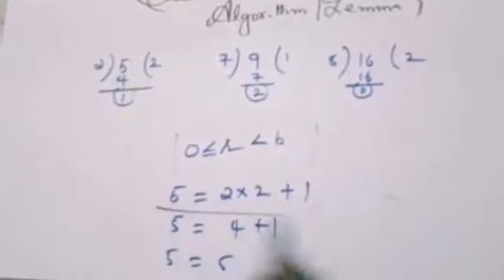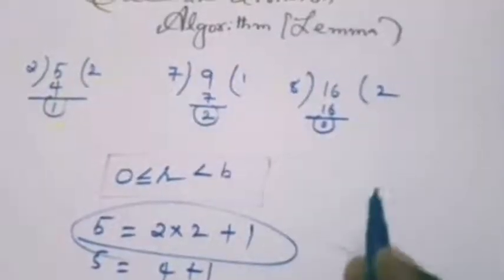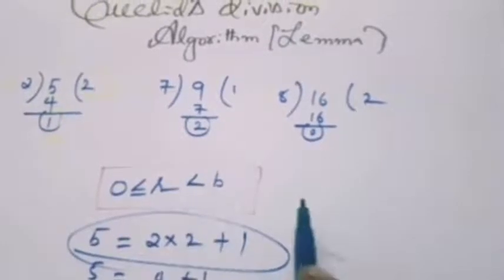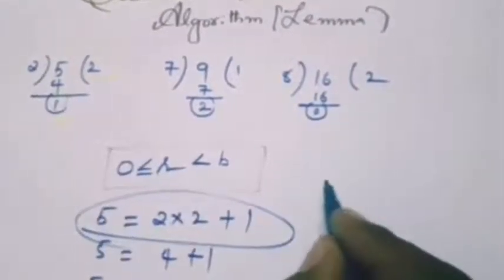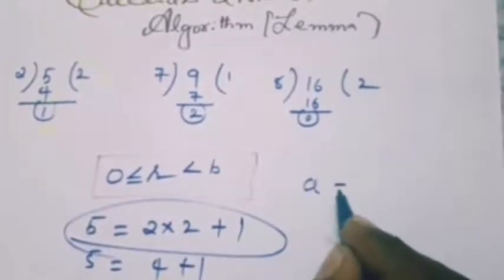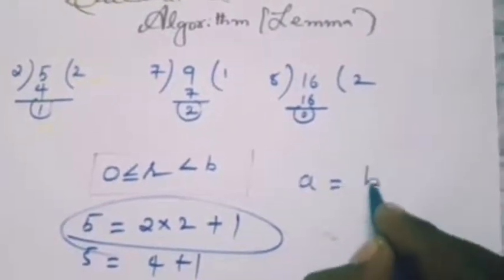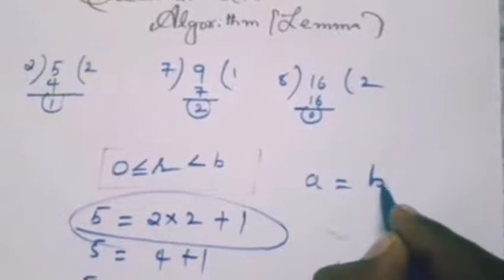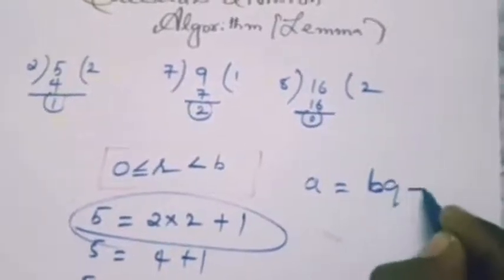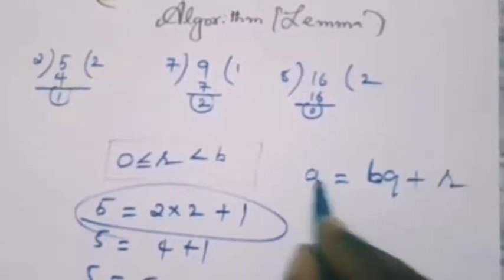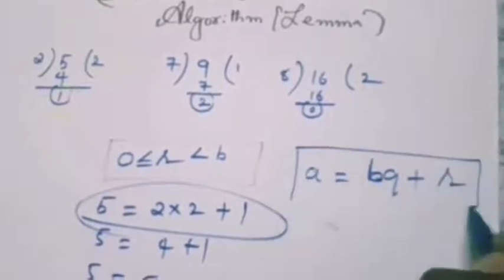So what I can draw from this is, dividend a equals divisor b, quotient q plus remainder r. a equals bq plus r.